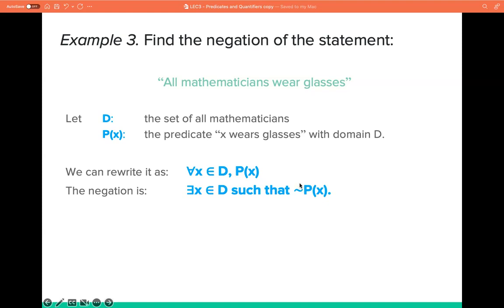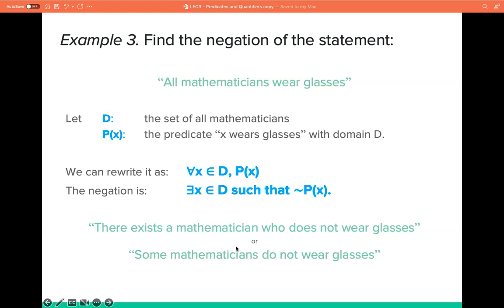In other words, there is at least one that is not. Expressing the negation of this statement, we have: there exists a mathematician who does not wear glasses, or there are some mathematicians that do not wear glasses.